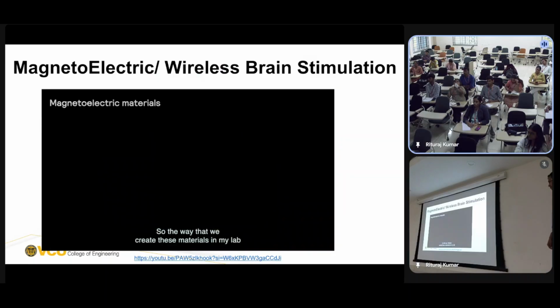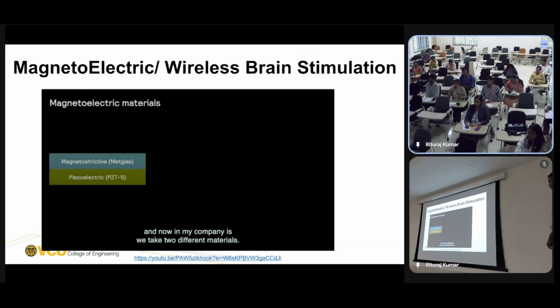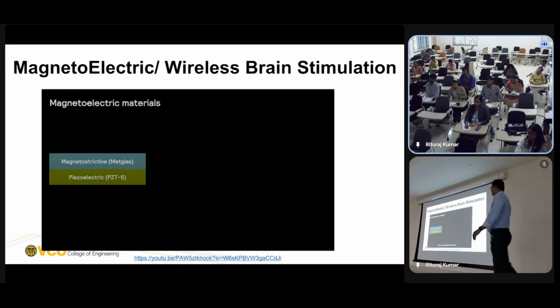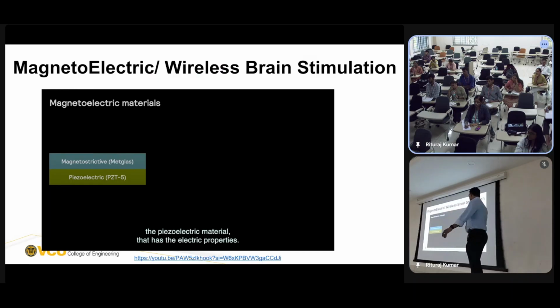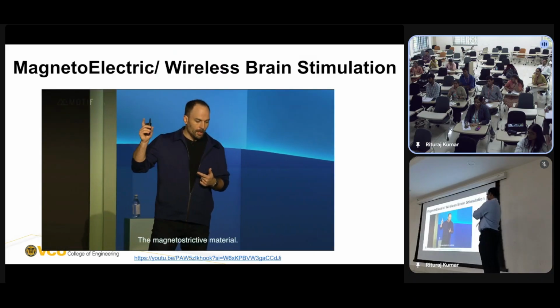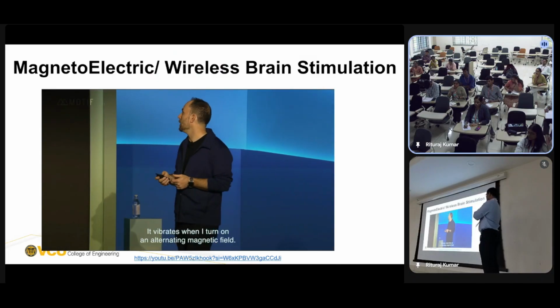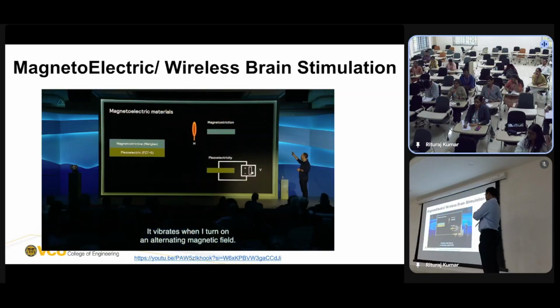So the way that we create these materials in my lab and now in my company is we take two different materials. One is a magnetostrictive material, so it has the magnetic properties. The other is the piezoelectric material, it has the electric properties. The magnetostrictive material vibrates when I turn on an alternating magnetic field.